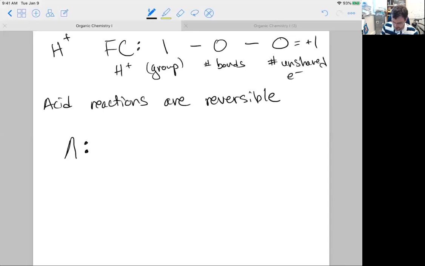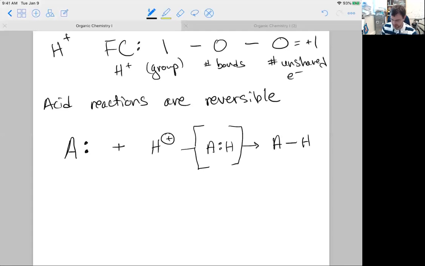I'm going to take a generic element and label it as A. A can react with H plus to form, I'm just showing kind of an intermediate complex, if you will, a bond to H.